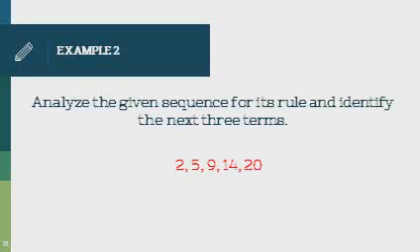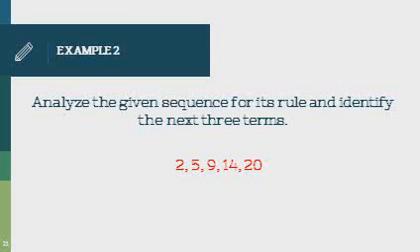The next one, 2, 5, 9, 14, 20. So, observe natin. Ano ba yung kanilang difference? So, 5 minus 2 will be 3. 9 minus 5 is 4. 14 minus 9 is 5. 20 minus 14 is 6.